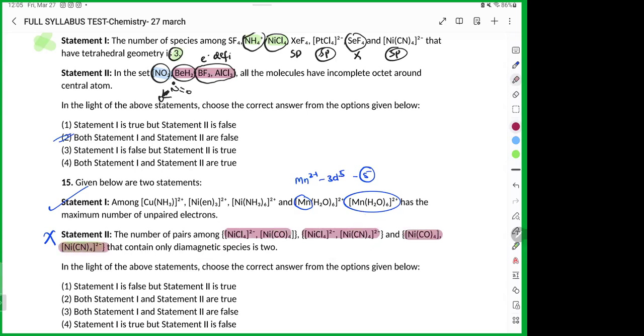And all 3 pairs have at least one dimagnetic species. And if you say only dimagnetic species, which pair has only dimagnetic species? The last pair. Correct? Because in this, carbonyl and cyanide both are dimagnetic species. Understood? All 3 pairs have dimagnetic. The last pair has only dimagnetic.